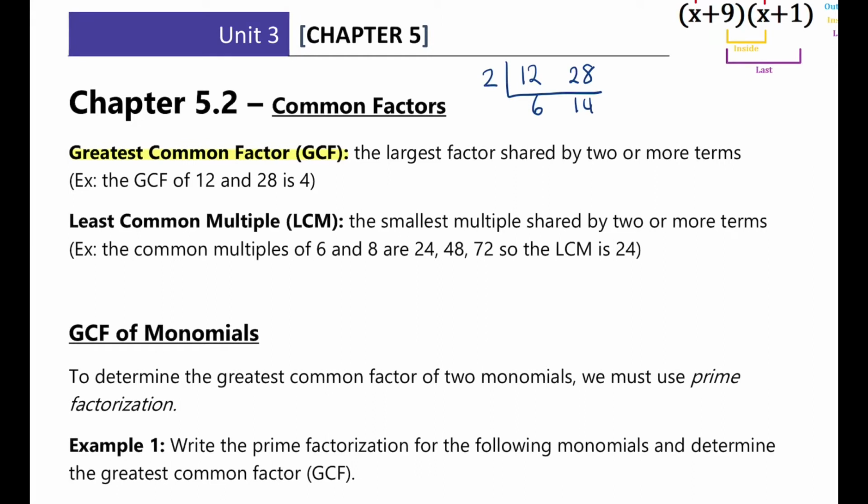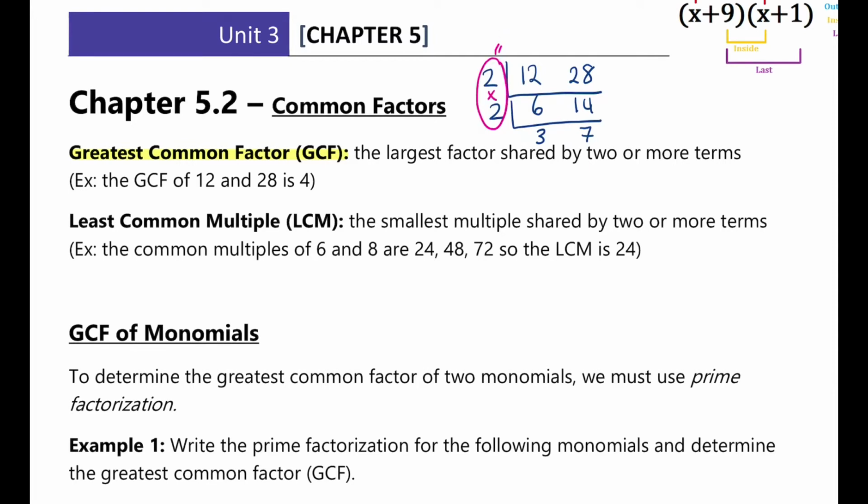And again, these numbers are even, so I'm going to try dividing by 2 once more. 2 goes into 6 3 times, and 2 goes into 14 7 times. And notice that 3 and 7 are prime numbers, so we will not be able to find a common factor.